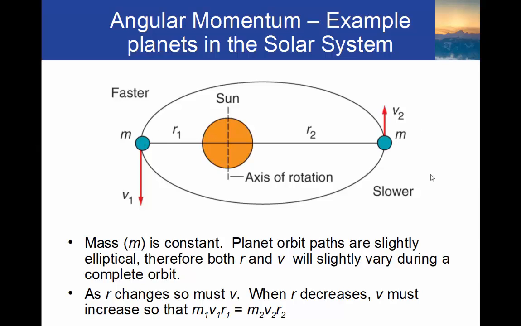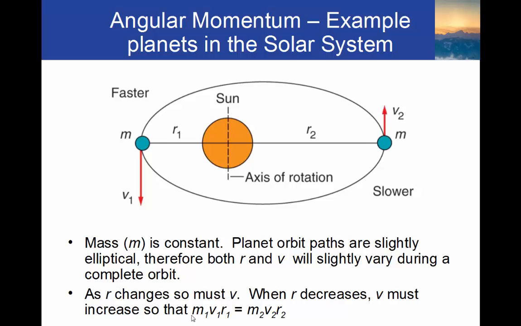So the initial and final angular momentum are conserved. Since angular momentum is mass times velocity times this radial distance, and since the mass of the planet doesn't change as it gets closer or farther from the sun, as the radial distance shrinks, the speed and therefore the velocity must increase.